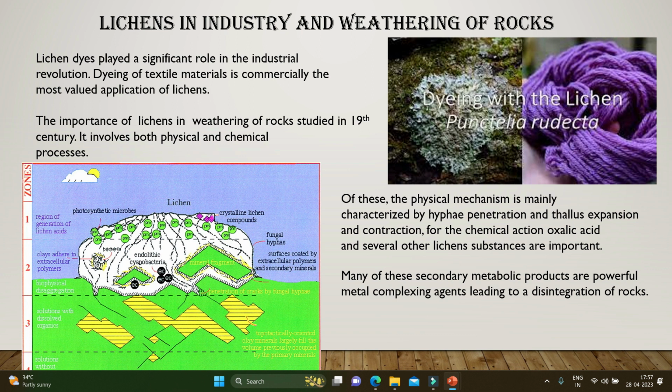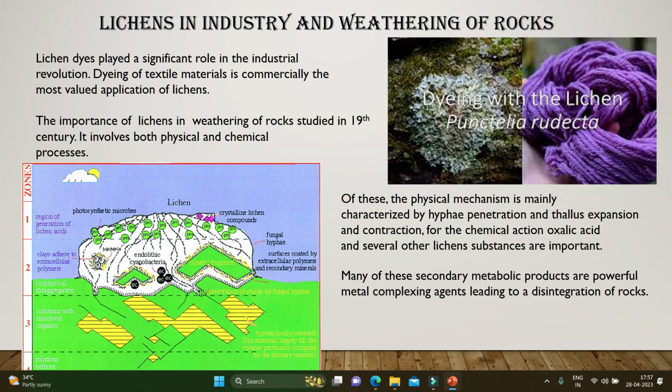Lichens also have a significant role in the weathering of rocks, which has been studied right from the 19th century itself, and which involves two types of processes. One is the physical process, another one is the chemical process.